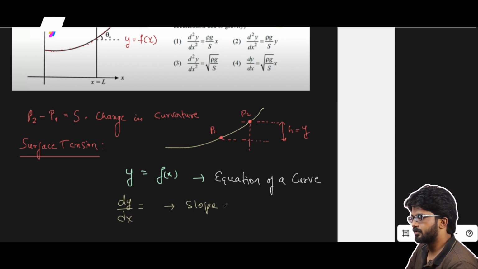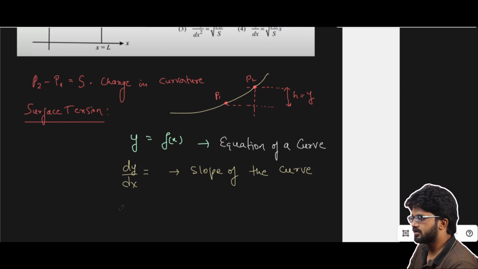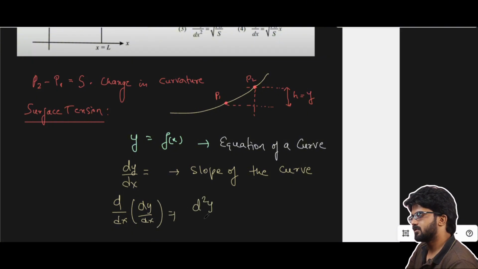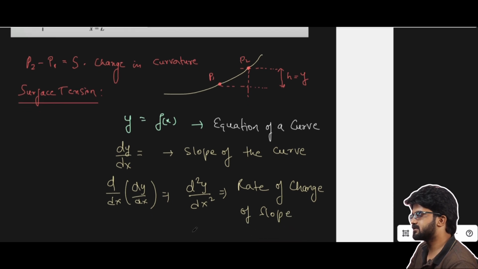So this is the slope of the curve. Then we can again differentiate it. This will give you the exact curvature. So it is the rate of change of slope, which defines the curvature of the system.